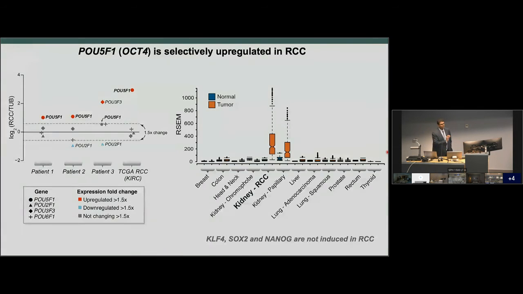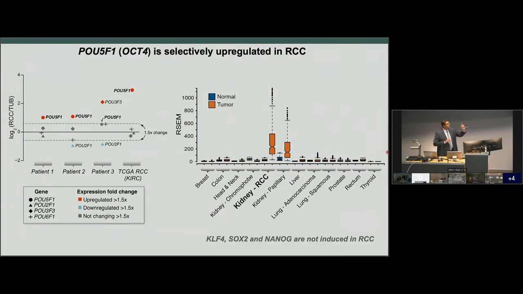So what have I shown you so far? We've known so far that HIF is very important in kidney cancer. By generating these enhancer maps and by understanding what transcription factors may be binding at those particular regions, we can ask which transcription factors may be differentially active or inactive in kidney cancer versus normal tubules. From that analysis, we identified that maybe OCT4 is actually having an imprint on the enhancer landscape of kidney cancer.